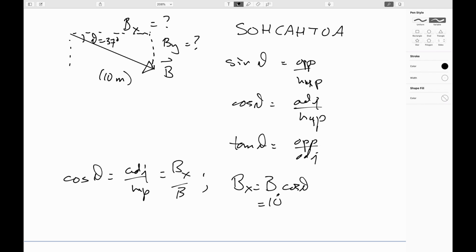So that would be 10 meters cosine theta, cosine 37 degrees. And it turns out that 37 and 53 degrees are the interior angles of a 3, 4, 5 right triangle. So to one significant figure anyway, this works out to be plus 8 meters.